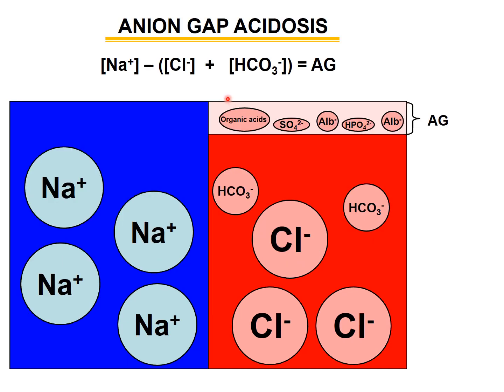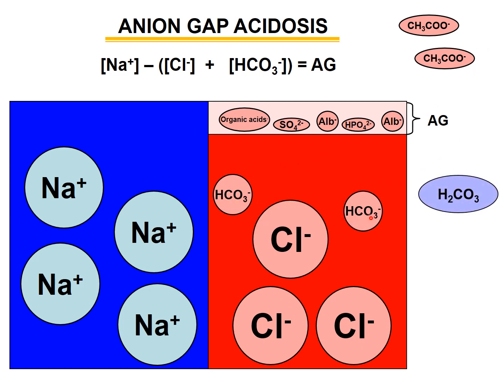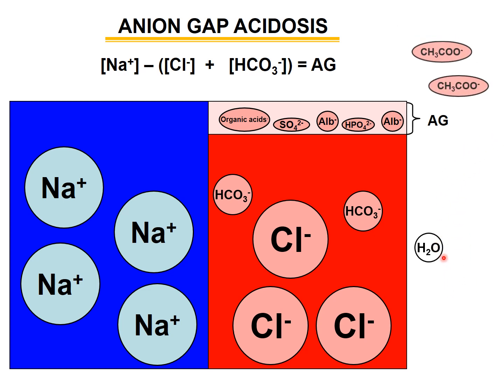Now, what will happen when we have anion gap acidosis? Let's see. When we add extra acid to the system, the proton is going to be buffered by bicarbonate, making carbonic acid. The carbonic acid is going to dissociate into water and carbon dioxide.